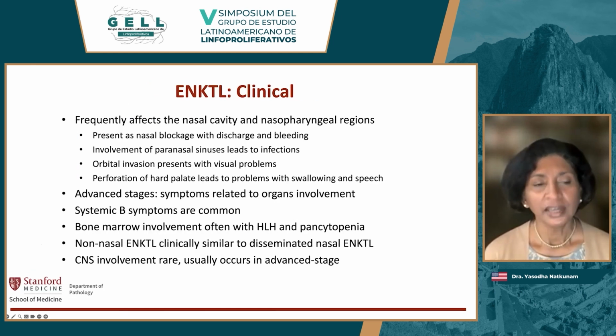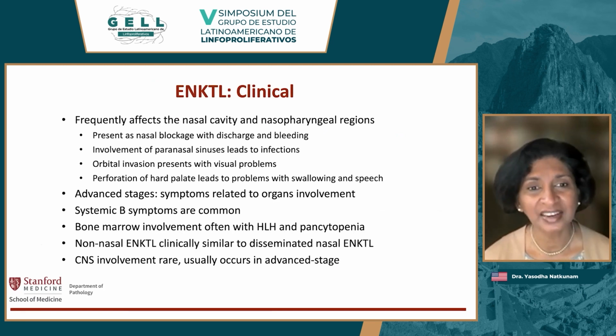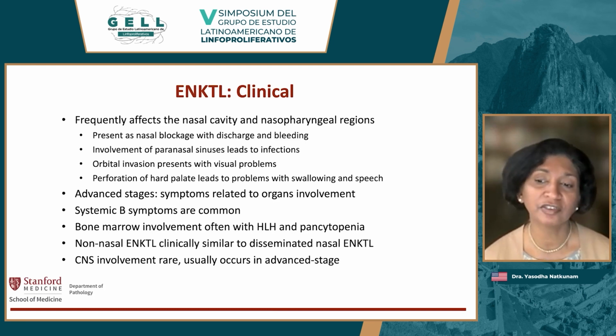So clinically, this lymphoma, as you know now, involves the nasal cavity and the nasopharyngeal regions most frequently. It can present with nasal blockage with discharge or bleeding. It can involve paranasal sinuses and leads to infection. There can be orbital involvement or perforation of the hard palate, and the patient can present with difficulty in swallowing or speech.